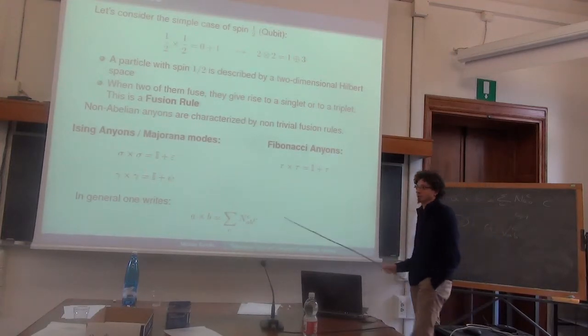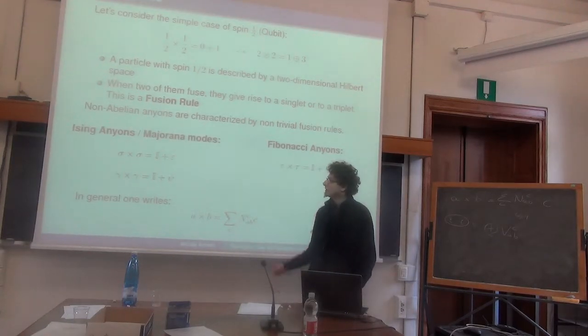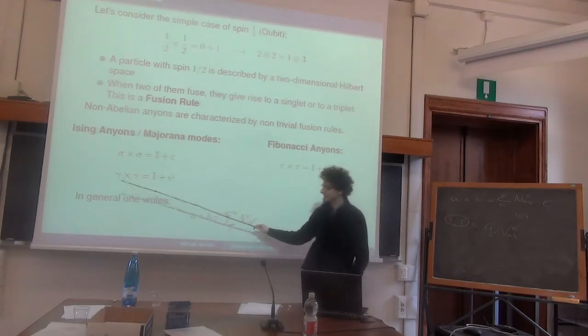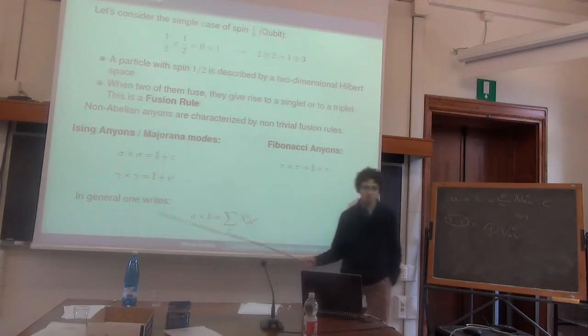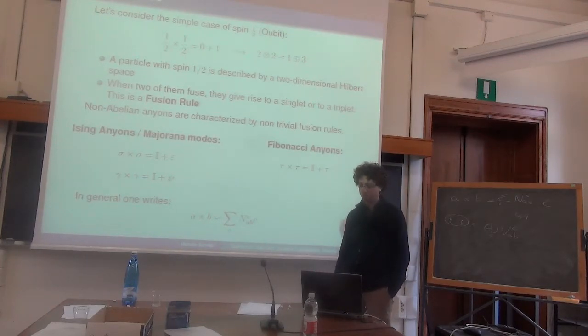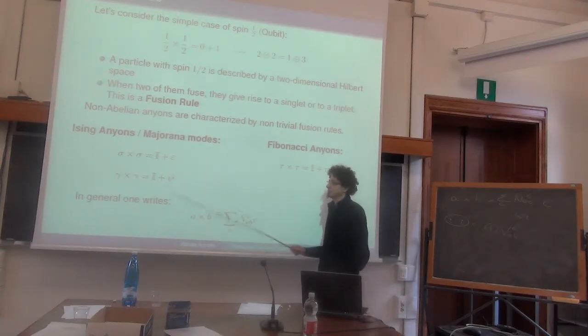Some of you heard about these strange things that happen in the quantum world. Whereas in this case, I will consider the same fusion rule, but for different objects that are the Majorana modes appearing in topological superconductors. There are slightly small differences between the two.